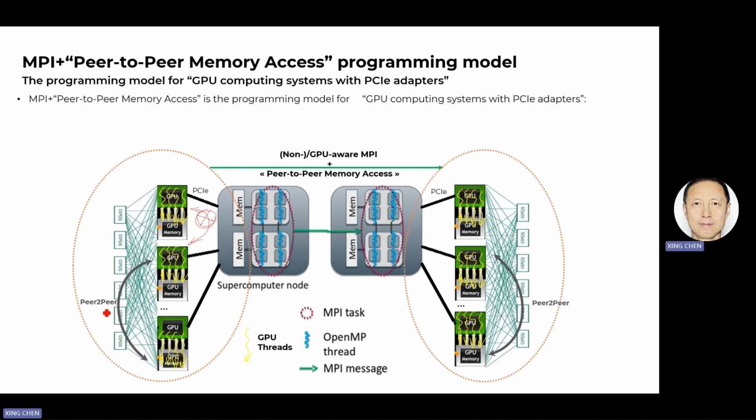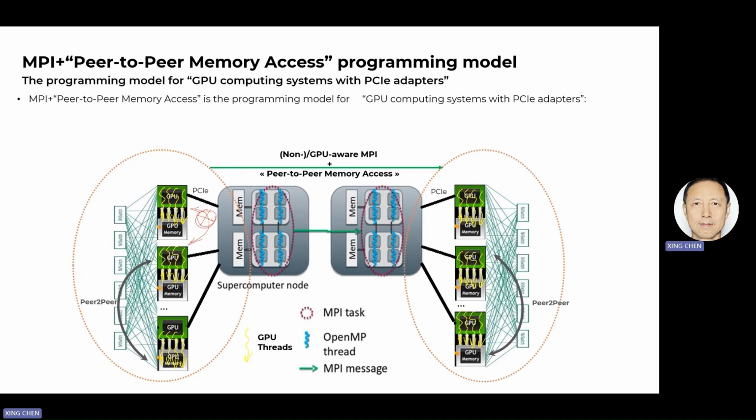So if you have written your program to run on GPU computing systems with PCIe adapters, and then suddenly you are given these new systems with a new interconnection between the GPUs, your code, your program, doesn't need to be modified. It can be moved directly to this new system, and it is going to work.